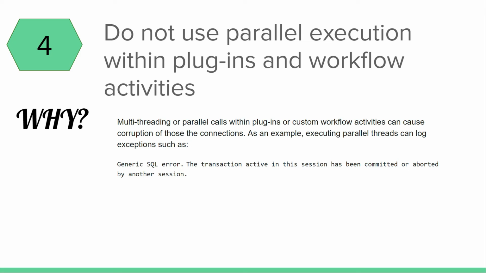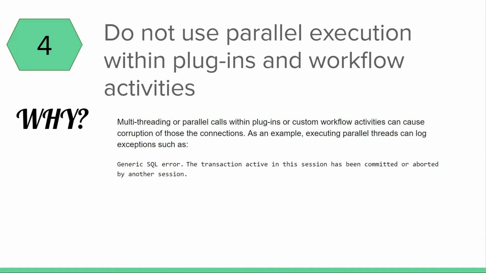Number 4, do not use parallel execution within plugins and workflow activities. It is very usual that we always think of making our code run faster, isn't it? So that's why parallelism comes into the picture. Multi-threading and parallel execution are concepts for making our code run faster, to execute our logic in parallel.